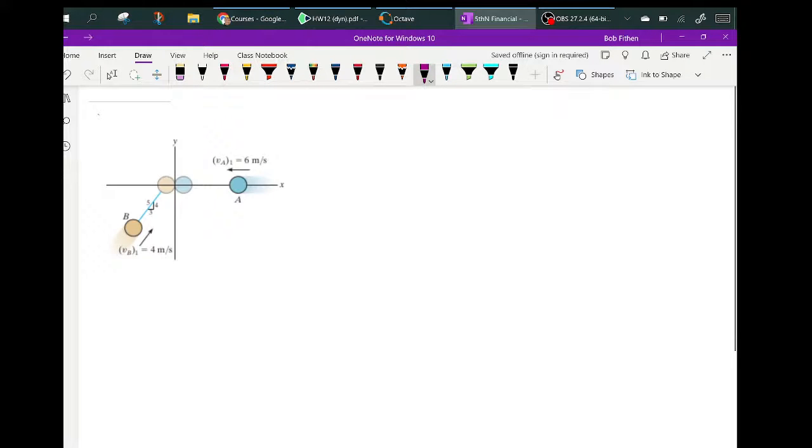So first of all, it appears like this is the plane of contact. And this is the line of contact. So what I've got to do, I've got to list VA as a vector. This to be minus 6i. Then I have to list this as a vector, VB.